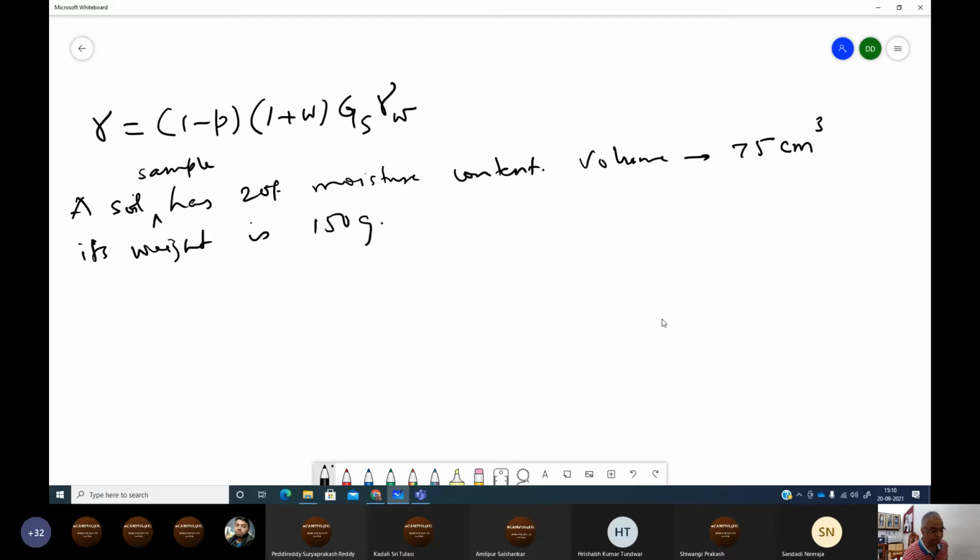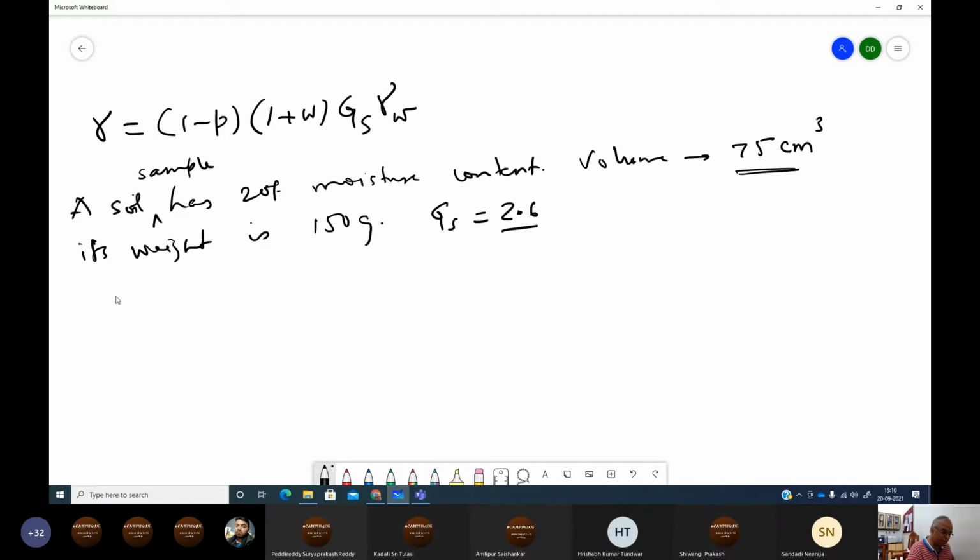Okay, so a soil sample has 20% moisture content. That sample volume is 75 centimeter cube. Its weight is 150 gram. The specific gravity of grain, so let me just give you GS, is 2.6.